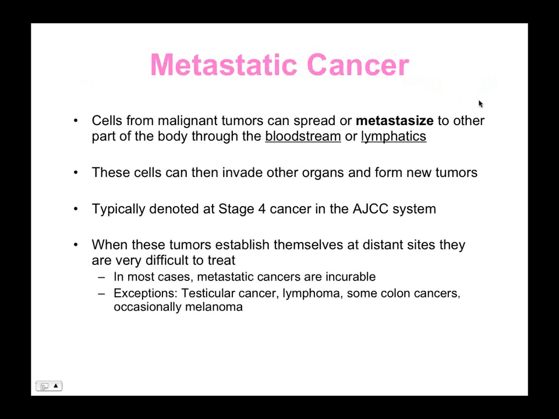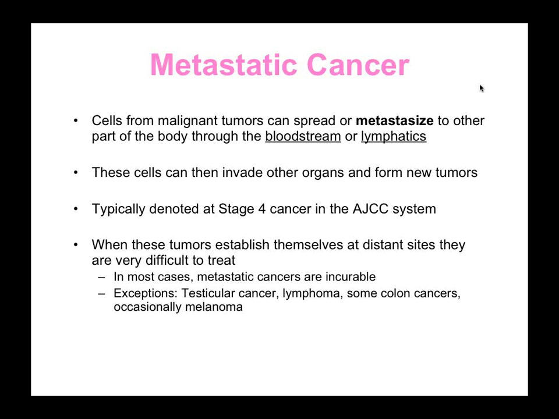Metastatic cancer refers to cells that are derived from malignant tumors that break off from that tumor and spread, or metastasize, to other parts of the body. They do this by traveling through the bloodstream or through the lymphatics. These cells can seed other organs and begin to grow there and actually form new tumors at these distant sites.